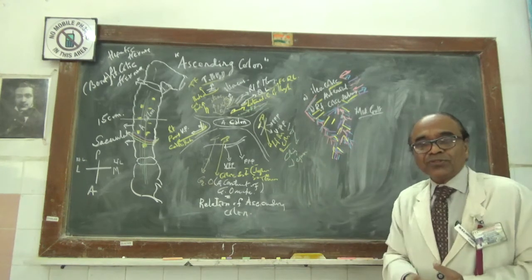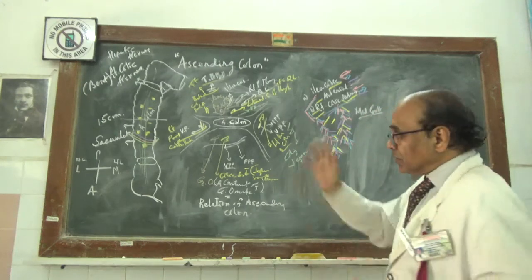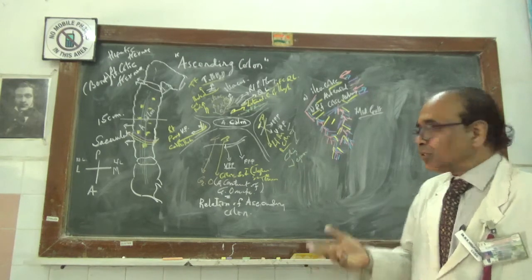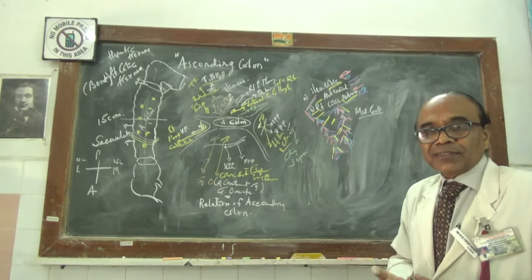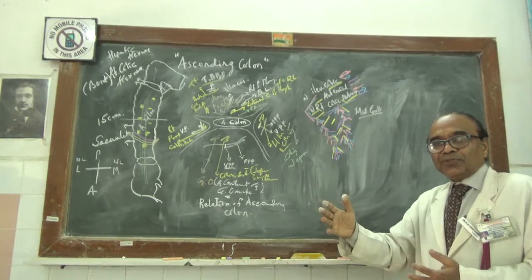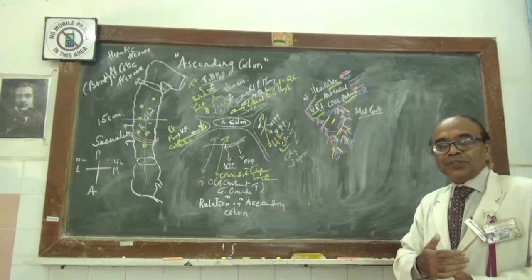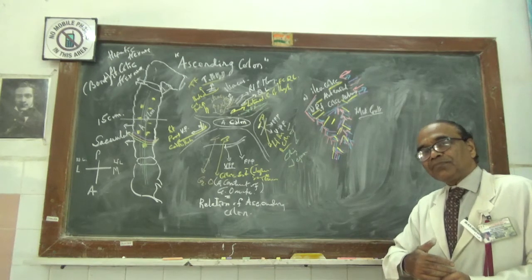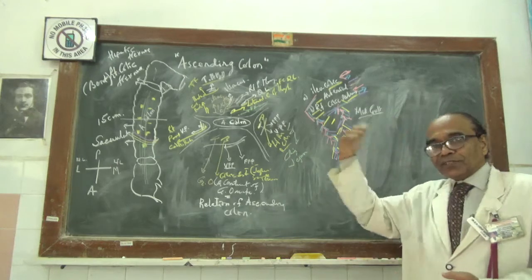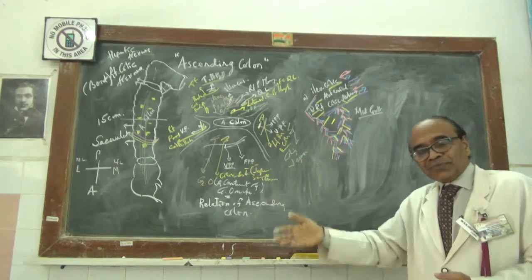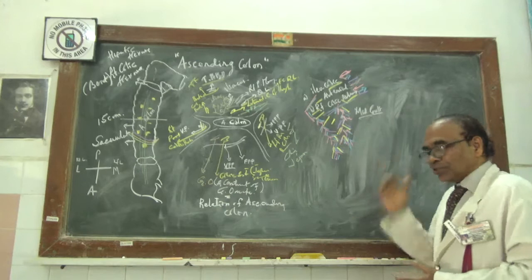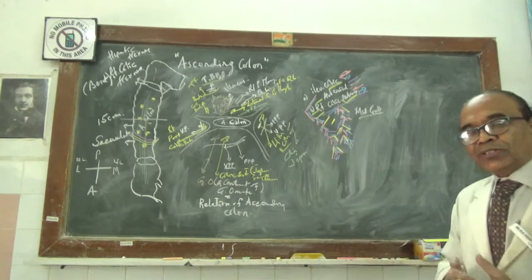The structures which develop from the midgut have to have their supply by the superior mesenteric artery, because they developed from the midgut. Both ways, the organs developing from the midgut have blood supply from the superior mesenteric artery, whose branches supply the organs developed along the midgut. That is definitely by that gut tube only, which gets developed embryologically in fetal life.